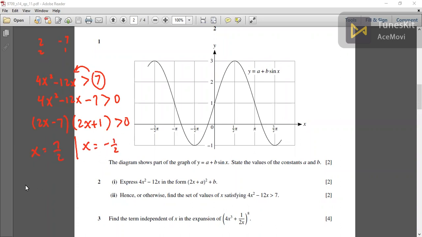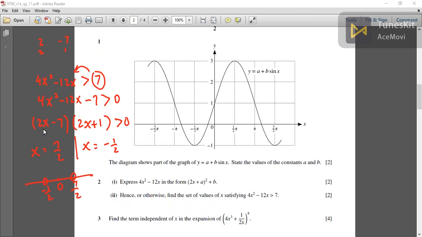But remember, this is an inequality, so we have to make the number line with minus half and 7 over 2 here. I use the number 0 to check whether this region is included or not.